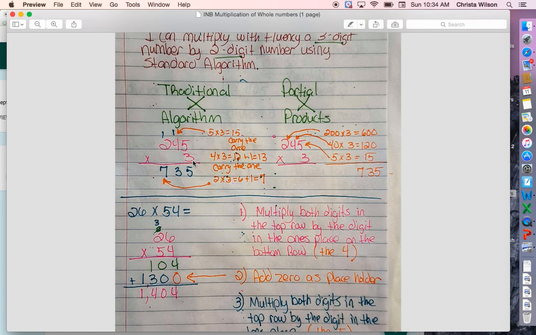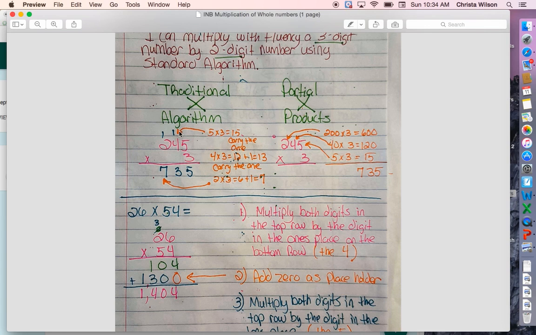You simply go digit by digit. You multiply the 3 by the 5, which is in the ones position, and that is 15. Don't forget to regroup and carry your 1 above the next place value. Then you'll multiply the 3 times the 4, which is in the tens place value, and that's 12, and then you add that 1.